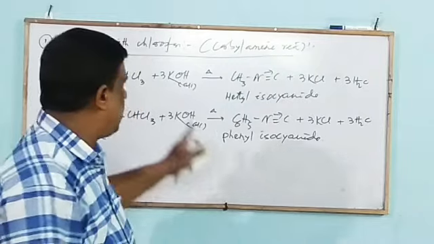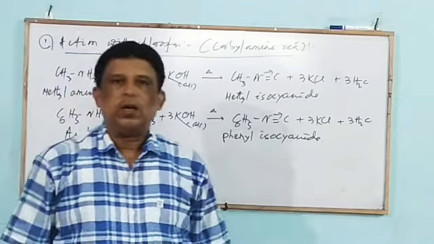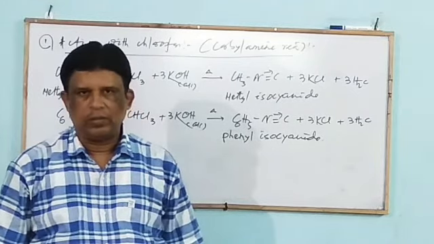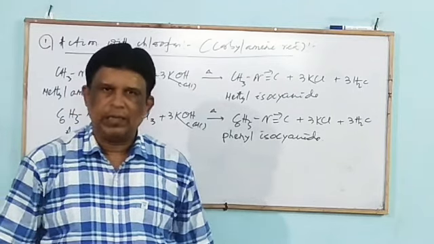I repeat again, this carbylamine reaction is important and is used only to identify 1 degree amine from others. Next reaction is action with Grignard reagent.